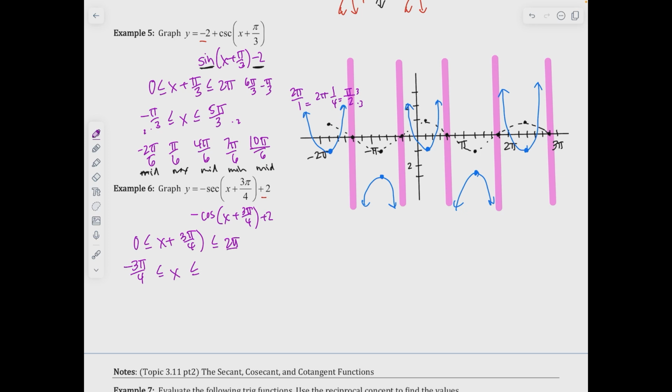And 2 pi is the same thing as 8 pi over 4. So that would be 5 pi over 4. My period length is 2 pi because my b value is 1. So when I quarter it, it's 2 pi over 4 already. Okay, so that's enough information.